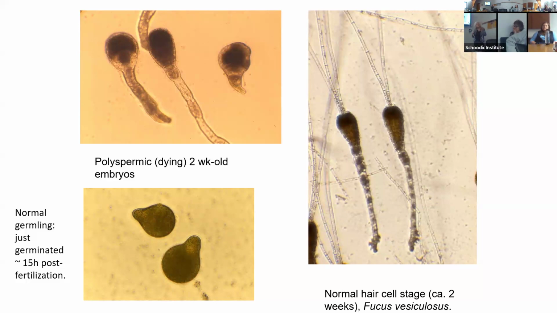Although a lot of the zygotes settle down into little crevices or barnacle crust, so that's an important recruitment issue for a few of the species. But here's some polyspermic embryos, same age as these, and you can tell that they're in very bad shape. Most of the cells are dead, and all of them will be.